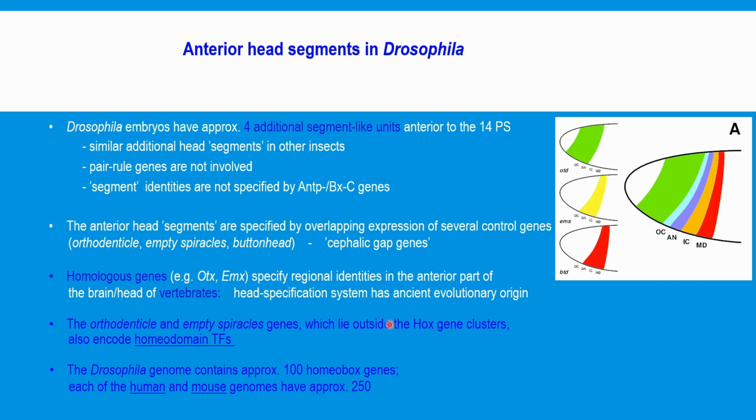Flies have about 100 homeobox genes, whereas mammals have about 250. They're not part of a complex that is expressed in a collinearity fashion.